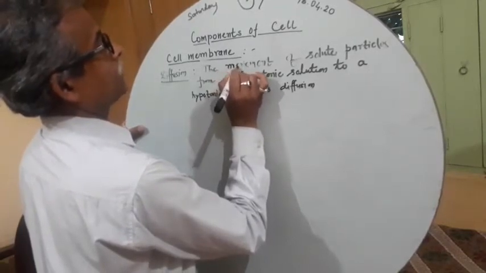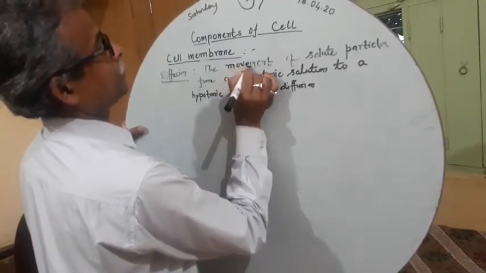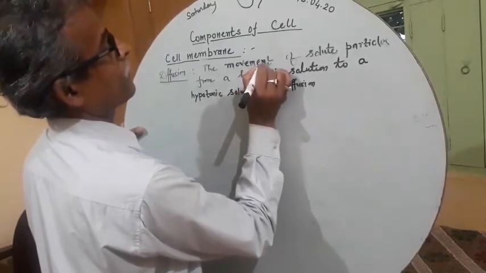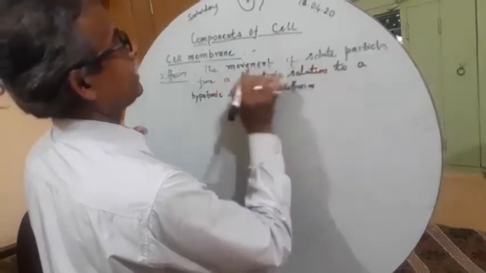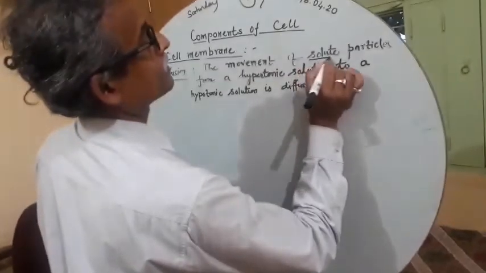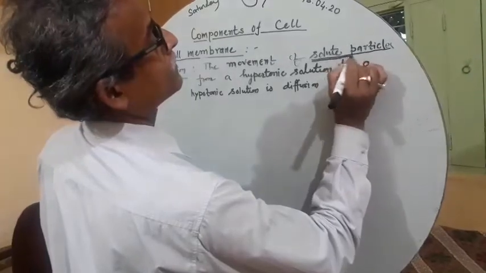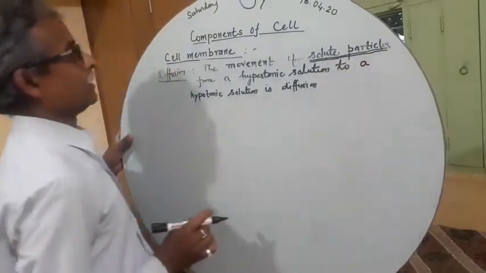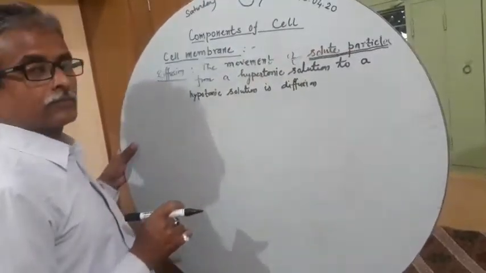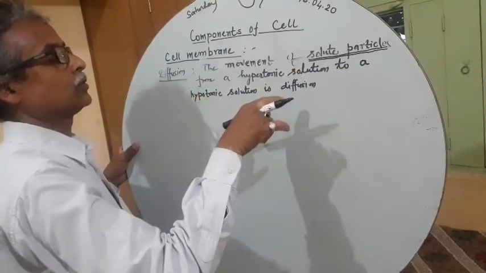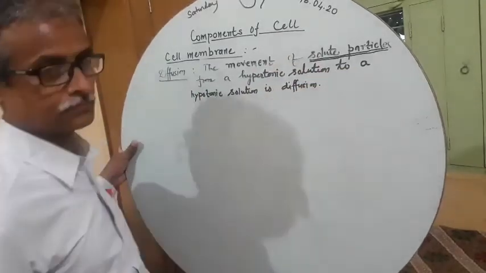Very important thing we should remember always. The movement of solute particles. Which particles? Solute particles. Movement of solute particles from hypertonic solution to a hypotonic solution is diffusion.